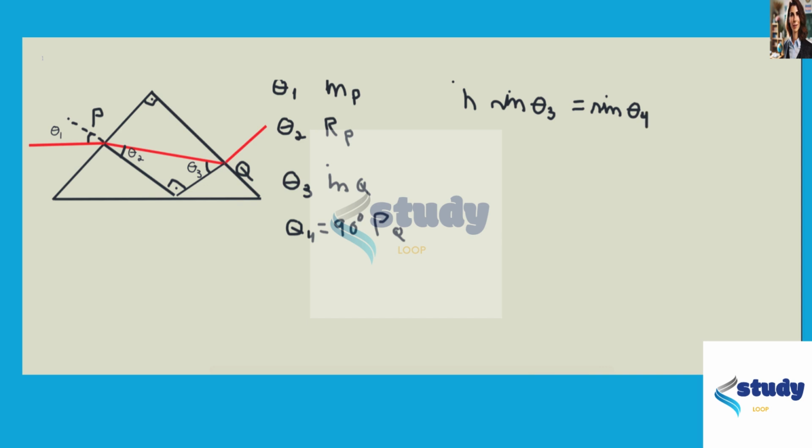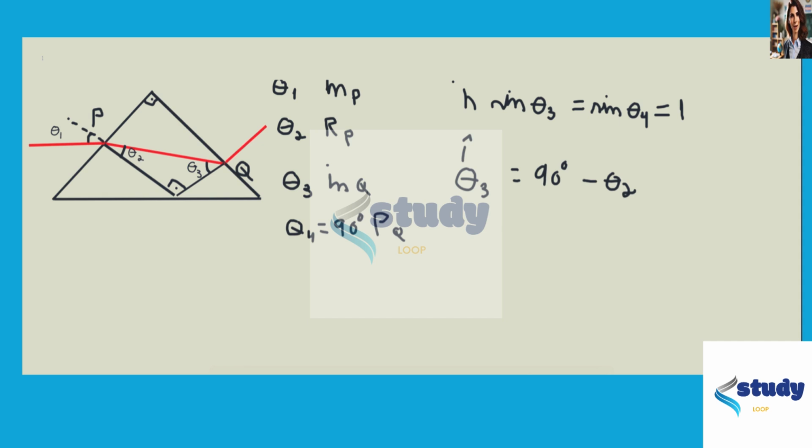We are assuming that outside is air, so this is n sine theta 3 equals 1. And we can relate the interior angles here because they are complementary. So we have that theta 3 is equal to 90 degrees minus theta 2. So we can use this in this equation here.